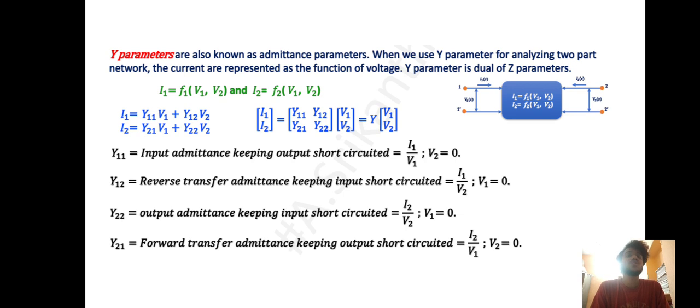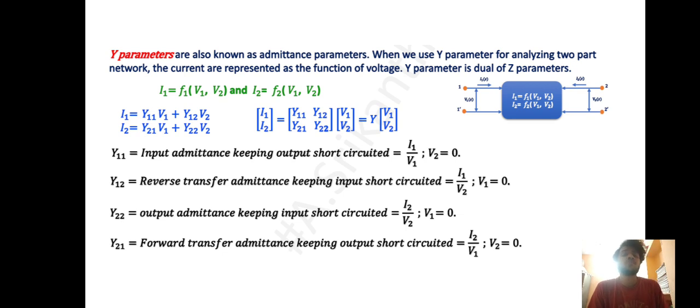I1 equals Y11 V1 plus Y12 V2, and I2 equals Y21 V1 plus Y22 V2. In matrix form, [I1 I2] equals [Y11 Y12; Y21 Y22] times [V1 V2].